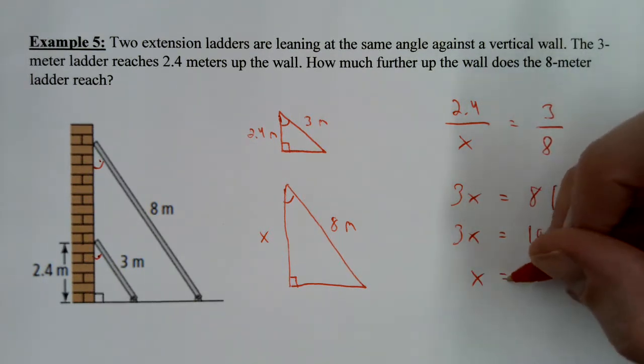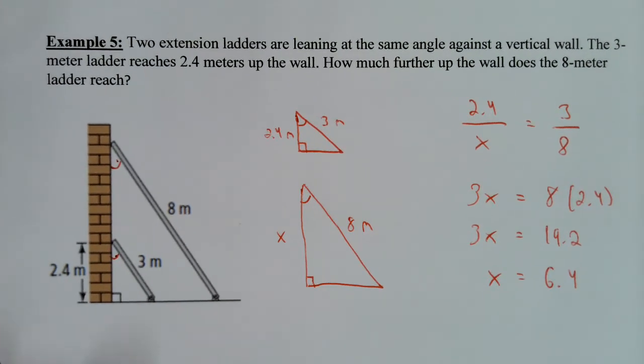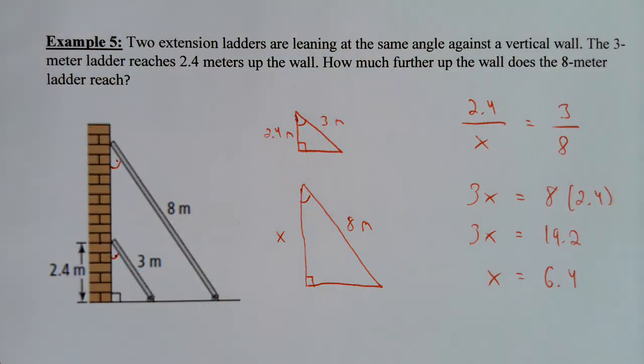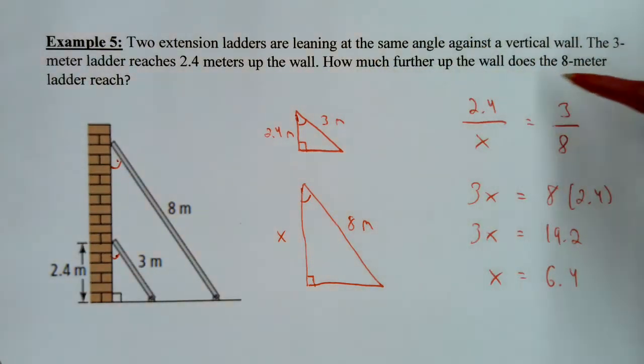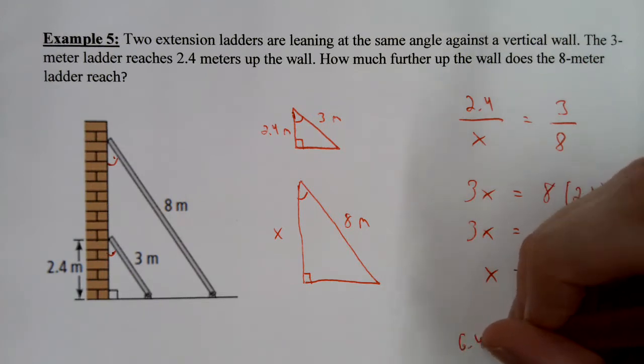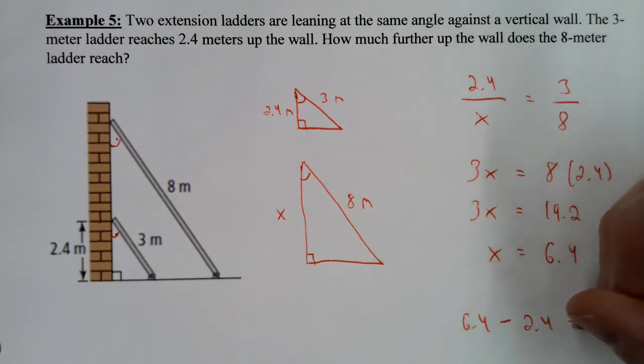X equals 6.4. Now that is not your final answer. That 6.4 tells you how far up the wall the ladder reaches. The question is how much further up the wall does the 8-meter ladder reach? So what you have to do is 6.4 minus the 2.4. And that gives you 4.